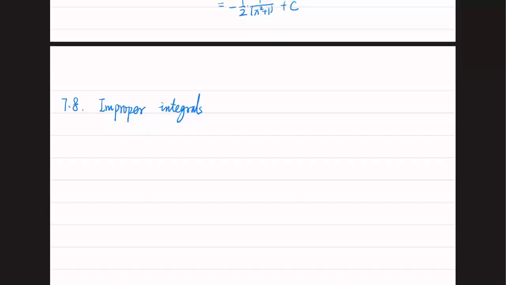Previously, we considered the following function f(x). We assume this is continuous.